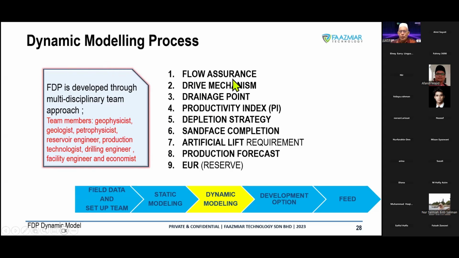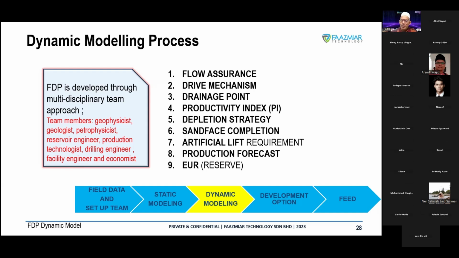Is where the flow insurance will be coming in, and we have the drive system. Is it a water drive? Is it a gas cap drive? Then the drainage points, how many wells we are going to plug into each reservoir. The index is going to be the production index per pressure drop. For example, in the reservoir, when you have a 1 psi drop, we are going to produce 20,000 barrels, and with a 2 psi drop, about 40,000 barrels will be produced.